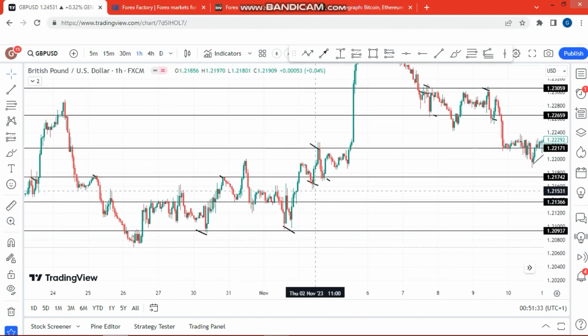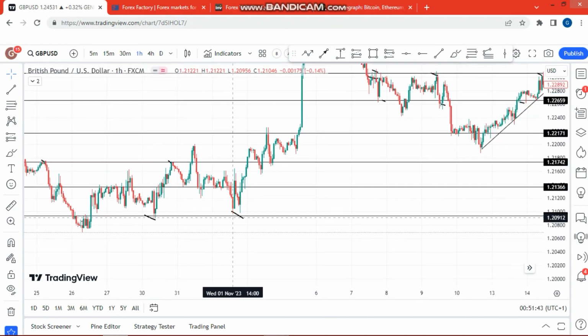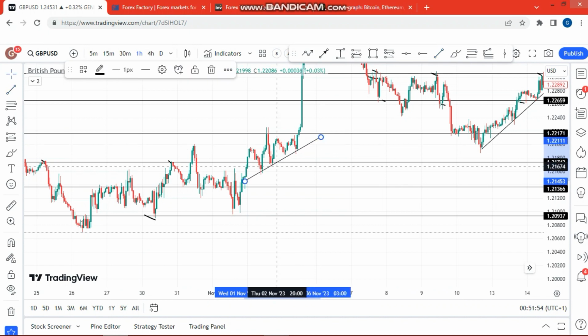Now if I look at this area right here, give me a moment, let me delete all these drawings. Yeah, we're good. After I identified my peak area, I want to identify the trend, and I see price was trending perfectly, bouncing nicely, the first bounce, second bounce, and this is the third bounce.